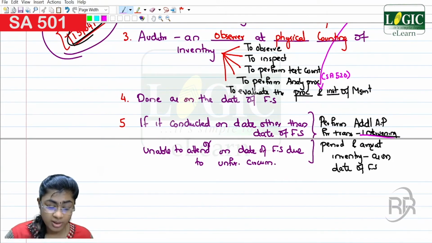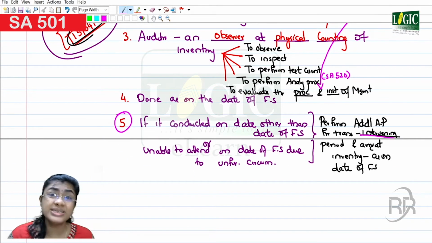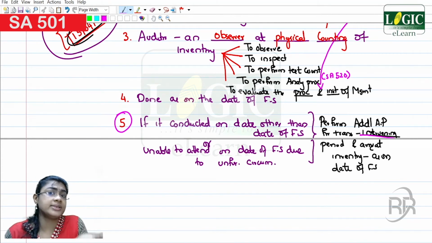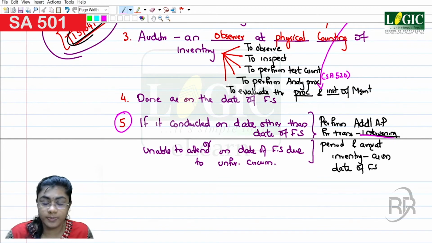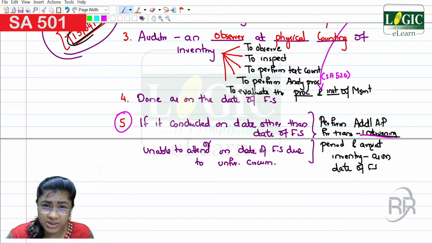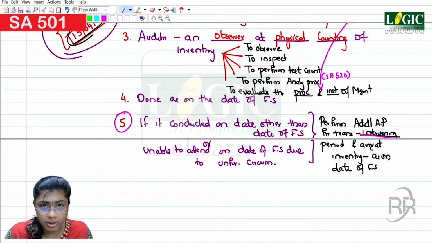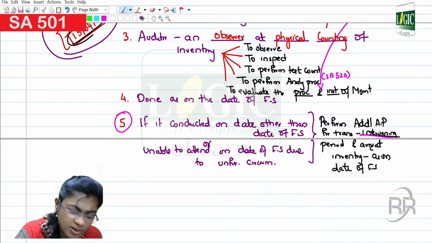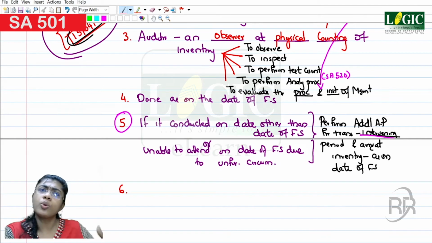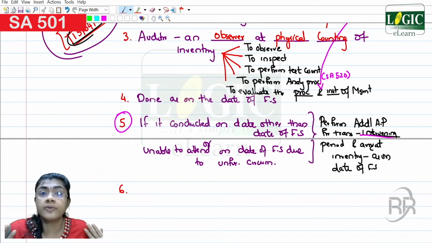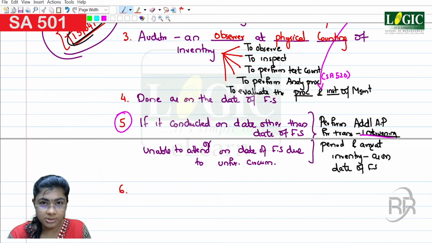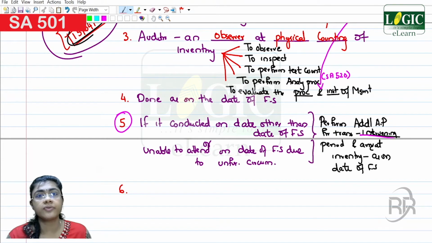Now, this fifth point we said is when we have conducted the observation on a date other than the date of FS. But because of some circumstances, unexpected events, it is impracticable to be an observer. It's not possible. In such case, can you give a qualified opinion saying that we cannot be observer? No. You should try to perform some other alternative procedures.